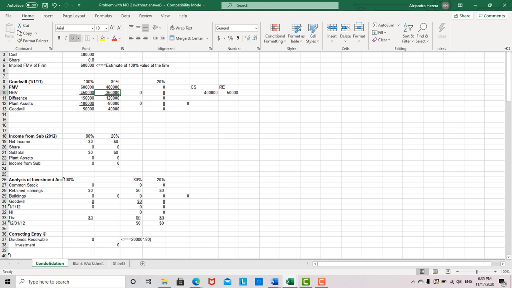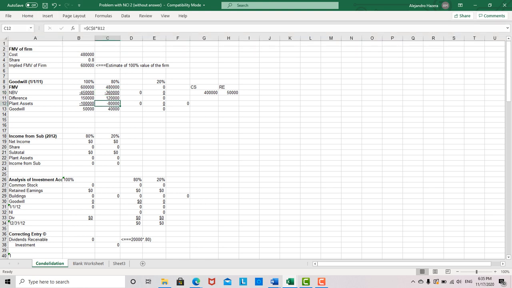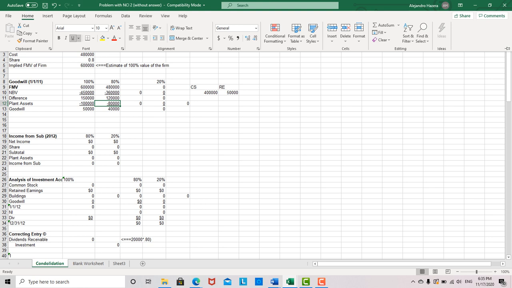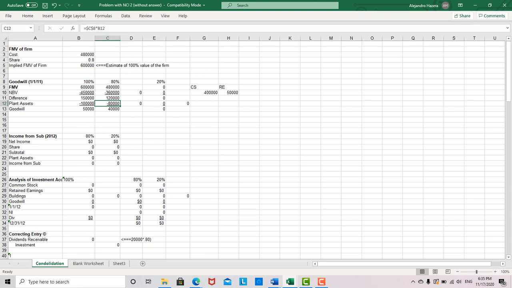We'll put an underline there and there. Now we'll do the 20%, the non-controlling interest. We'll take 20% times 600,000, obviously 120,000. Once again, we'll freeze the cell and copy down.